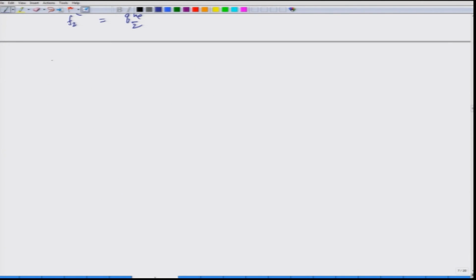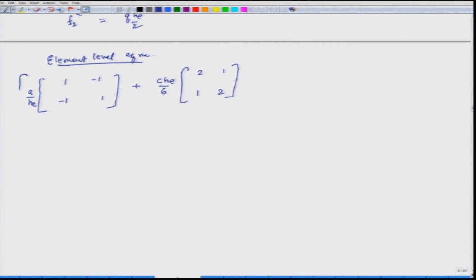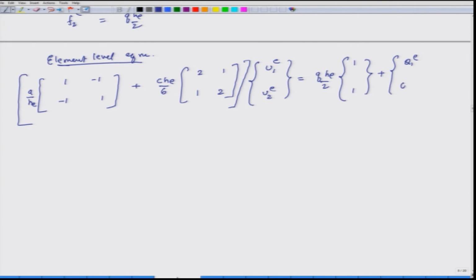So, ultimately I get an element level equation as this: a over h e times the matrix 1 minus 1, minus 1 1, plus c h e over 6 times the matrix 2 1, 1 2, and this entire thing is added up and multiplied by u1 e, u2 e, and this equals q h e over 2 times 1 1, plus q1 e and q2 e.